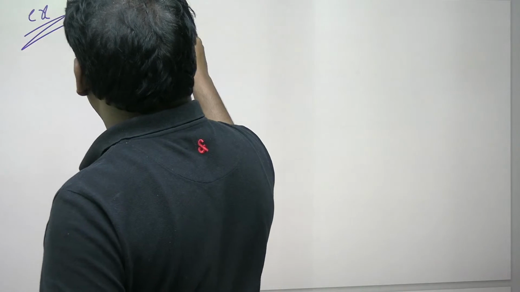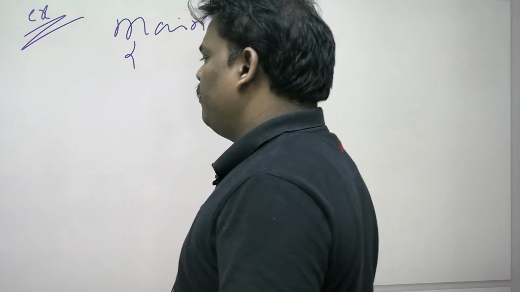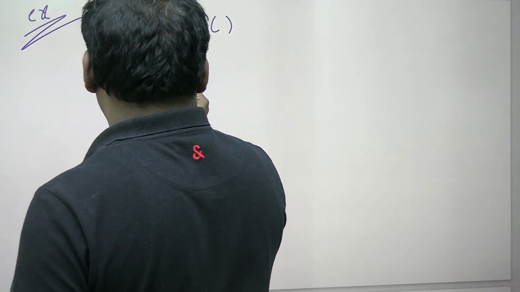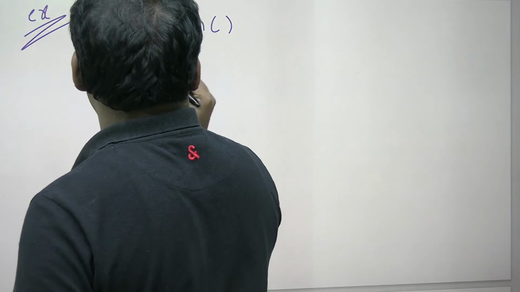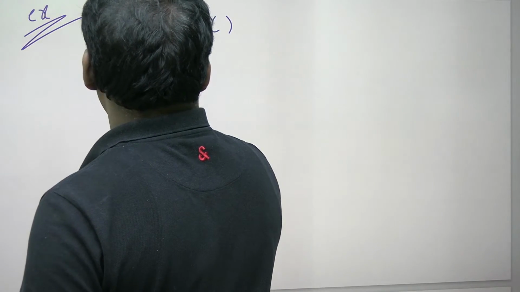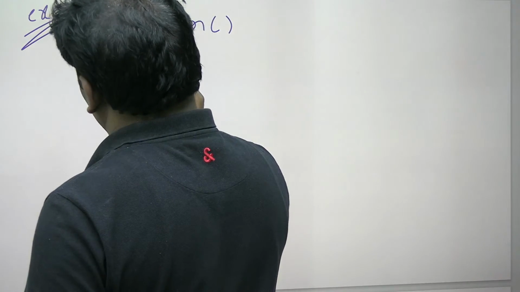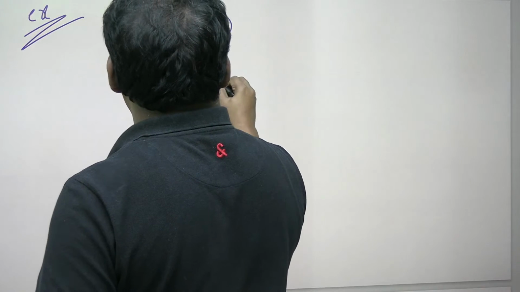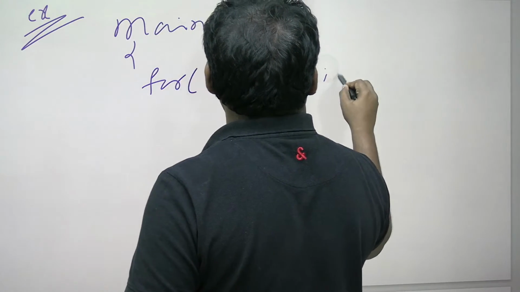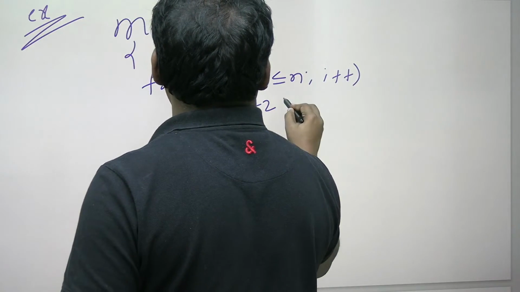Third example. Main. For i equal to 1, i less than or equal to n, i plus plus, x is equal to y plus z.